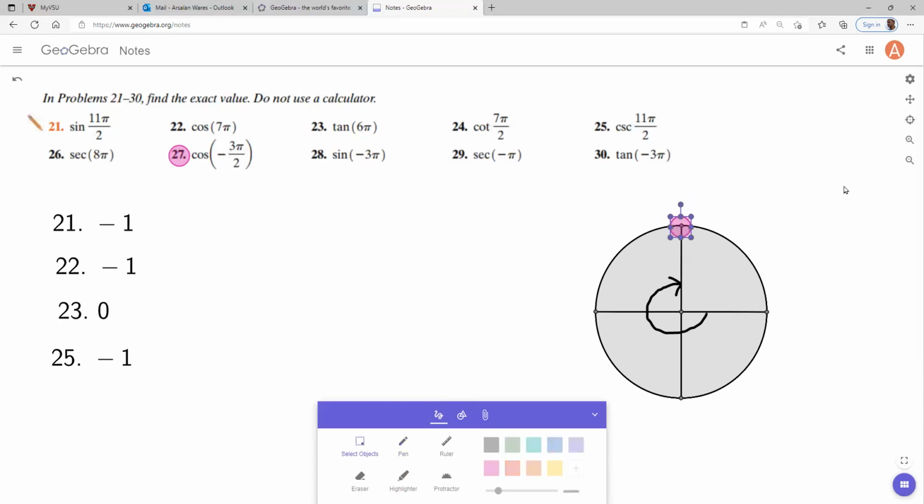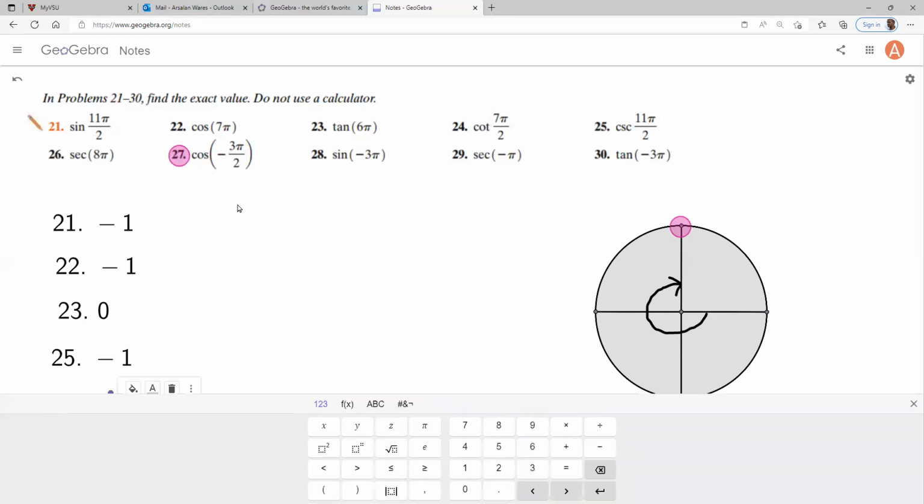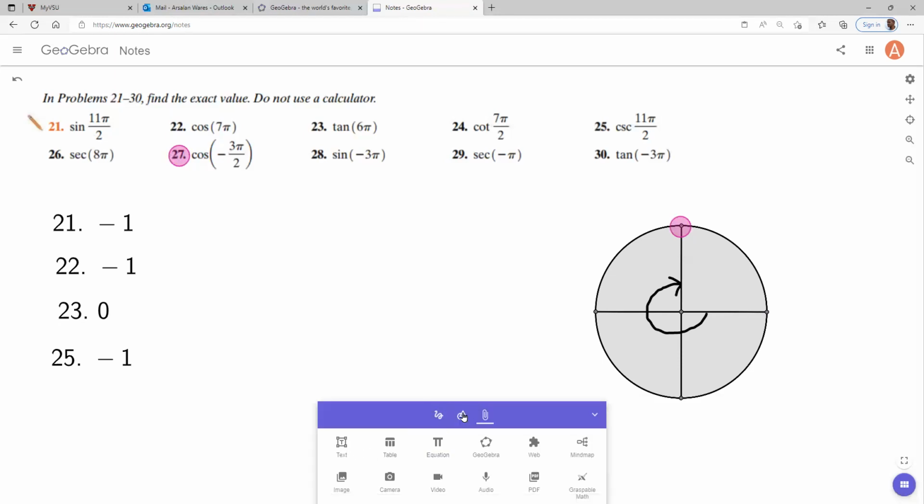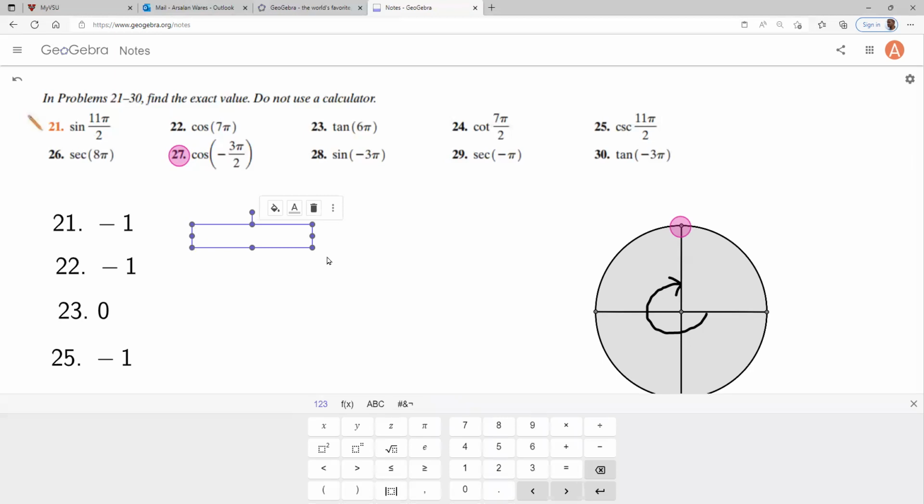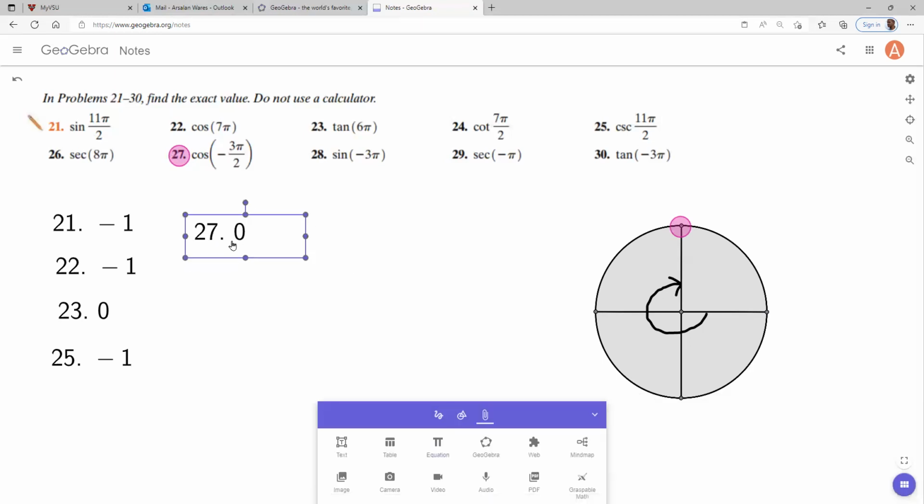And what's the cosine value of this point? In other words, what's the x-coordinate of this point? The answer is 0. So 27 is 0.